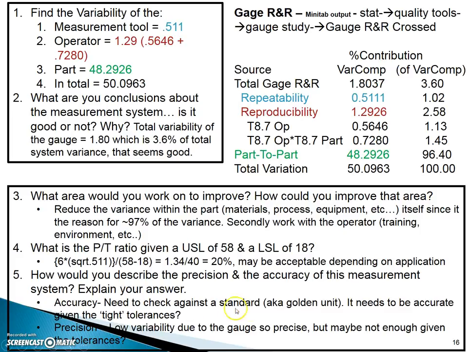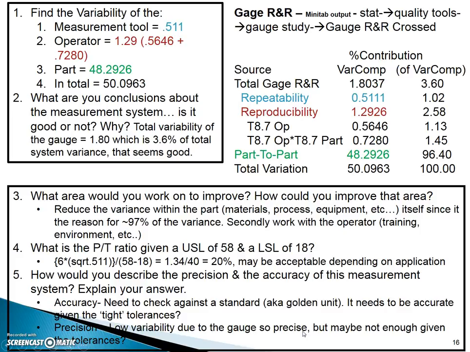We would need to make sure that our system is calibrated, and we have a golden unit maybe to compare against to see that it is giving us the actual weight. If we have very tight tolerances, then I would say we need to have a very accurate scale, right? Precision is low variability due to the gauge being precise.